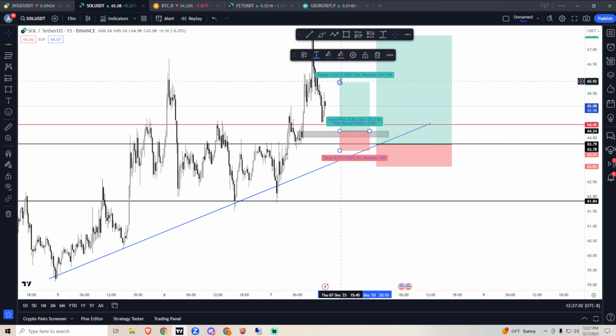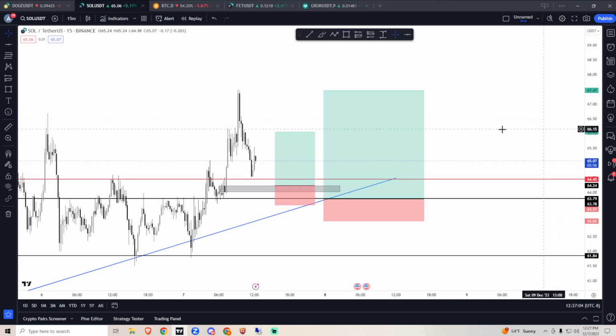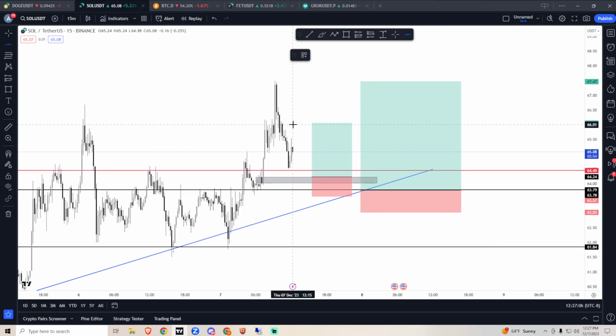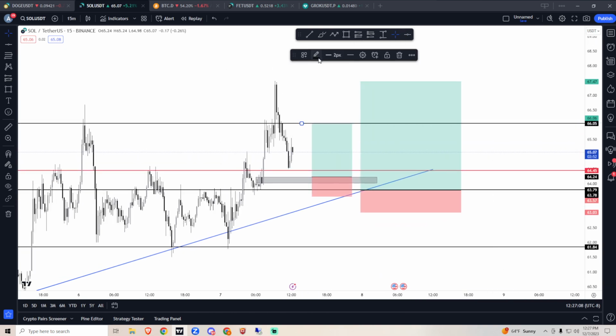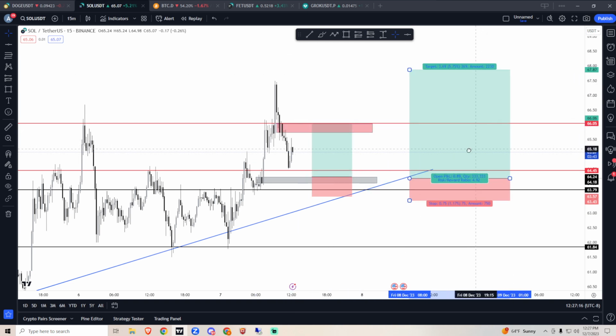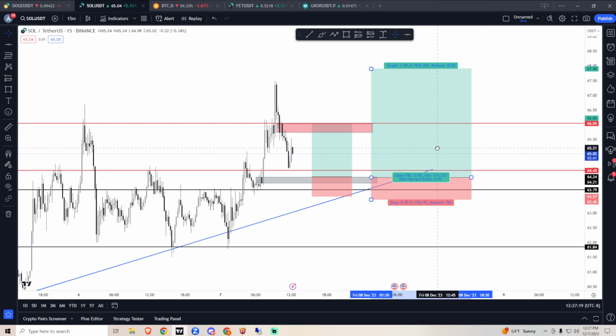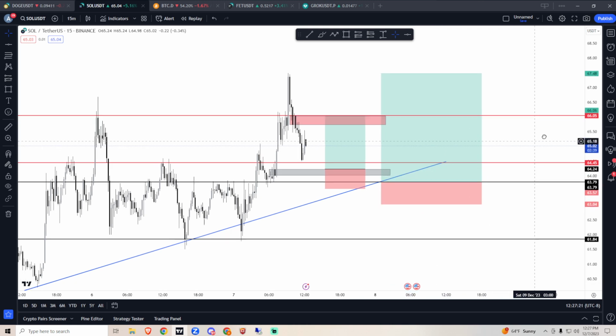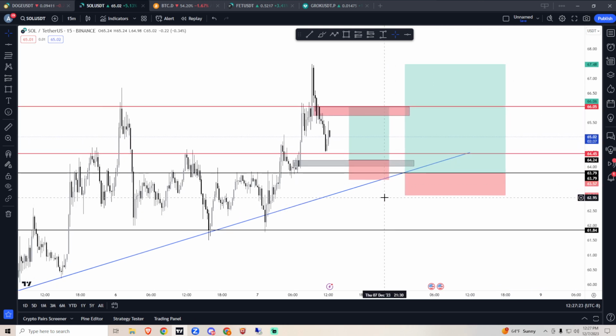Very tight scalp. Okay, 15-minute resistance here. You have a supply zone. Okay, so two separate plays, two separate scalps.